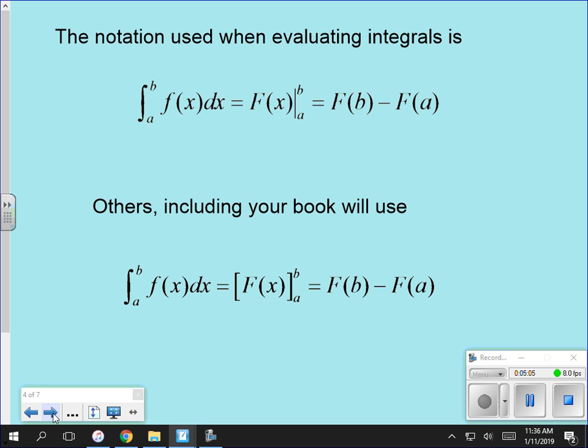It cannot be overemphasized that this is the simplest. And this will give you an exact value. This will not give you an approximation.